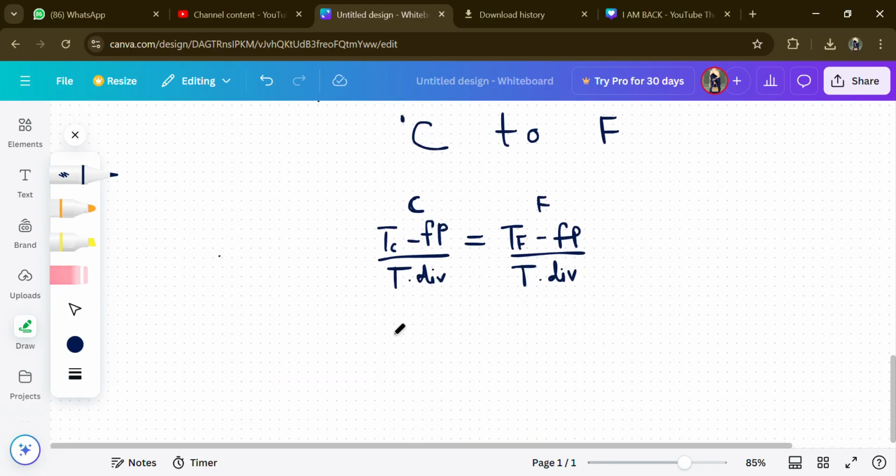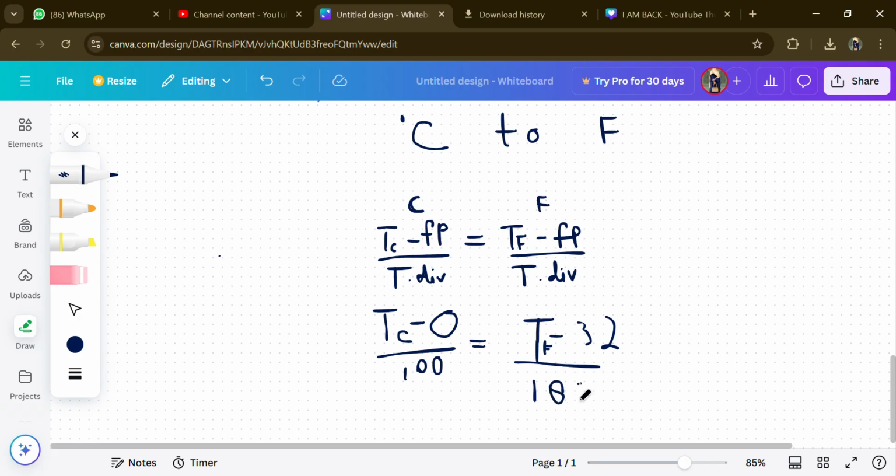So we'll put in the values, that is TC minus 0 divided by how many total divisions are there? 100, equate TF minus 32. 32 is the freezing point, divided by 180.